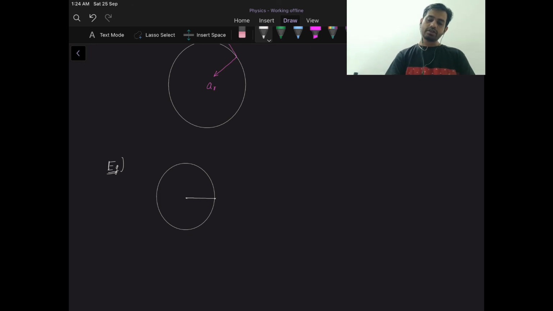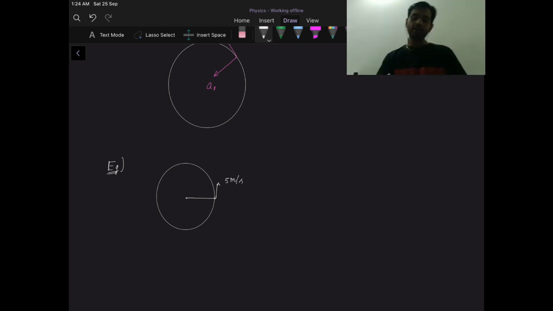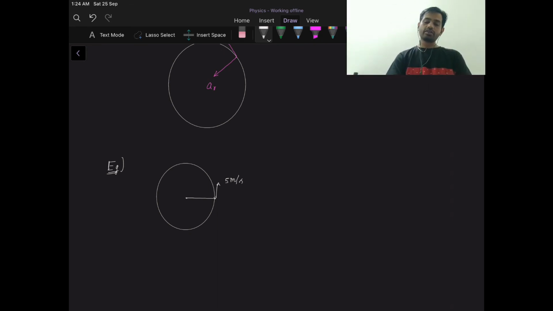The initial velocity of the particle is 5 meter per second, and the tangential acceleration of the particle is 2 meter per second square.